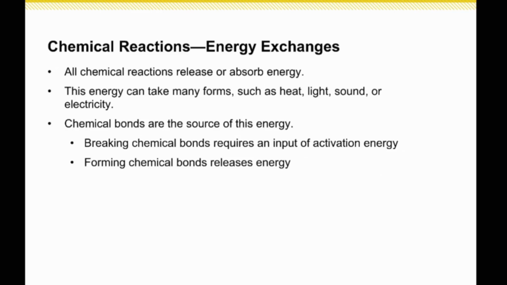And so the chemical bonds are the source of the energy. And so whenever we are breaking chemical bonds, we require energy. So if I'm going to break a bond, I need to put energy in to break it. When I'm forming bonds, I'm releasing energy.